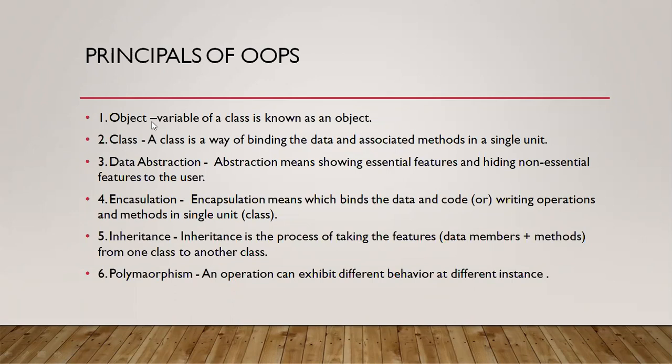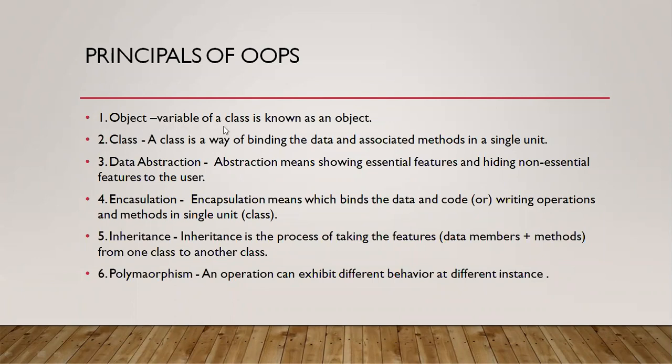In C language we call it a variable, which holds a value. Yesterday we discussed a equal to 20. A is a variable, 20 is a value, that is in C language. Here it is the same: a equal to object, 20 is a value. So here the technical term is object.